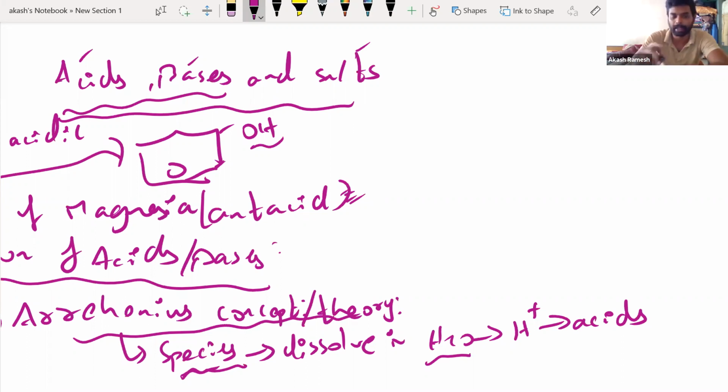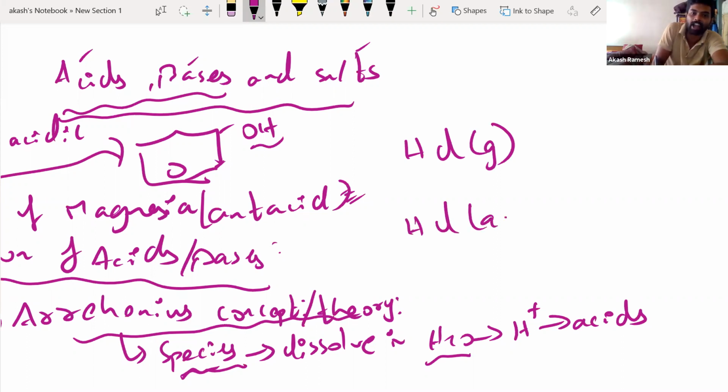Okay, there's a very famous question I can ask you. Say I have HCl gas, and I have HCl aqueous. Now tell me, out of these two, which do you think will be an acid, from the definition which we saw?